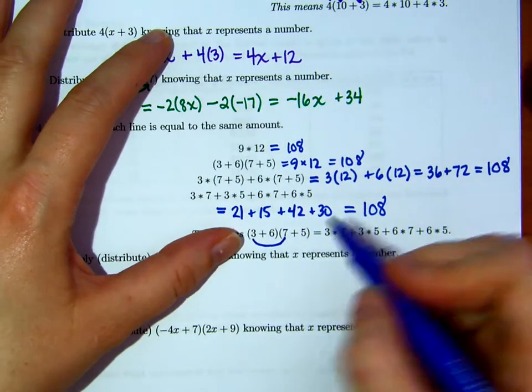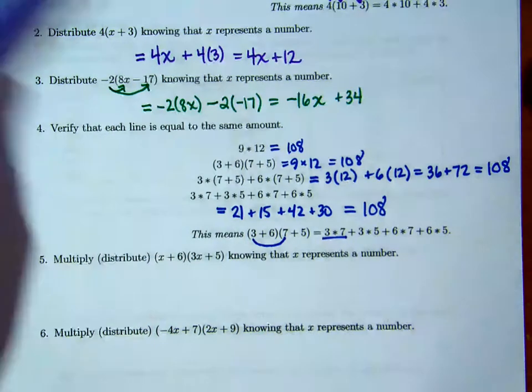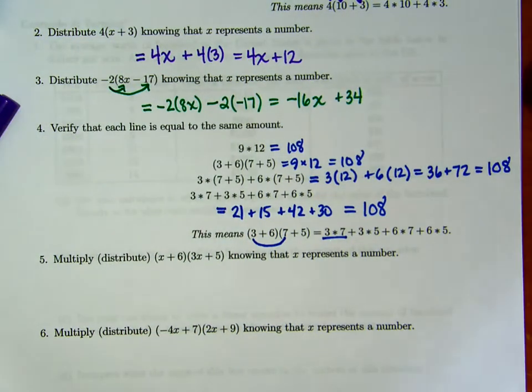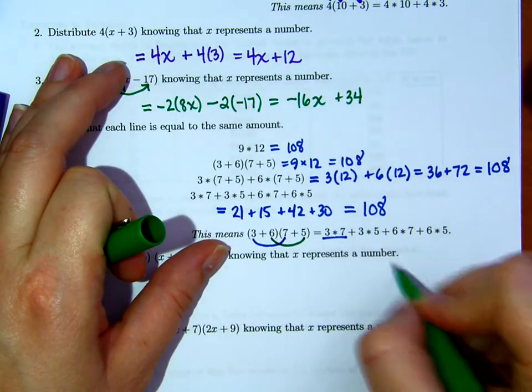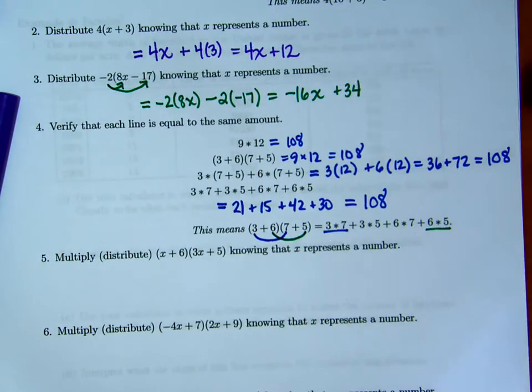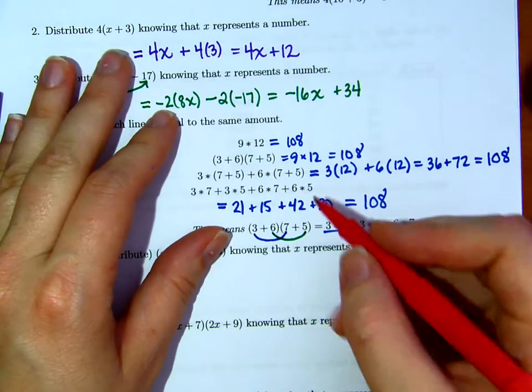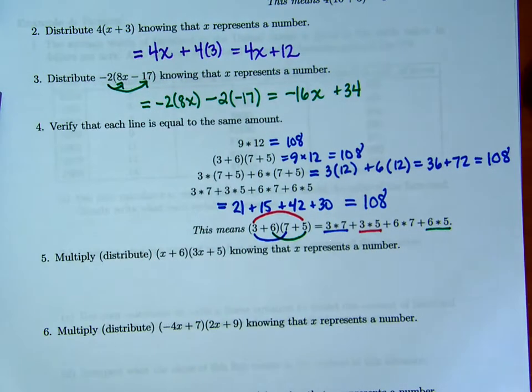This here's the 3 by 7. Okay, let's go green. The 6 and the 5. There's that one. What else needed to be multiplied? The 3 by the 5. It's there.